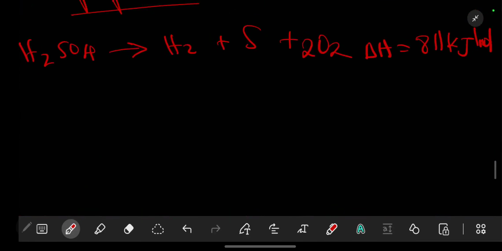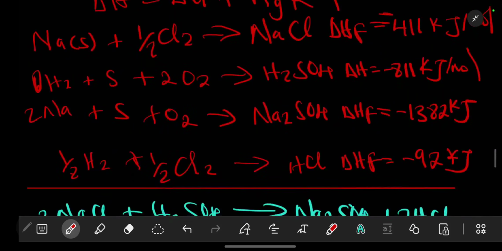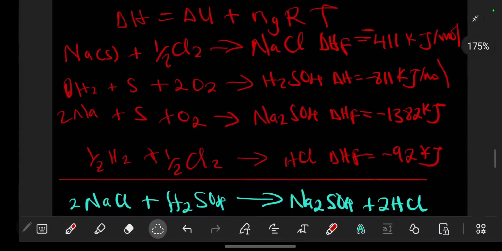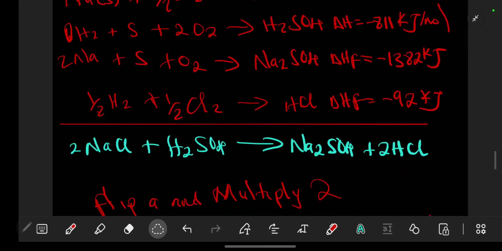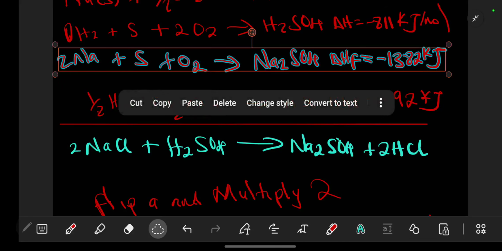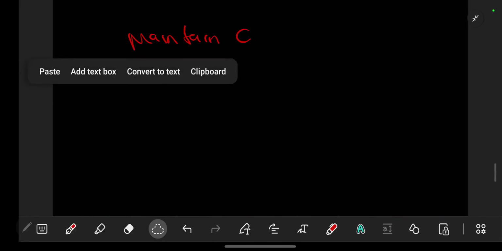So we can say maintain C. Maintaining C is us just getting this equation and putting it where it should be. So we have this equation, maintaining it here.